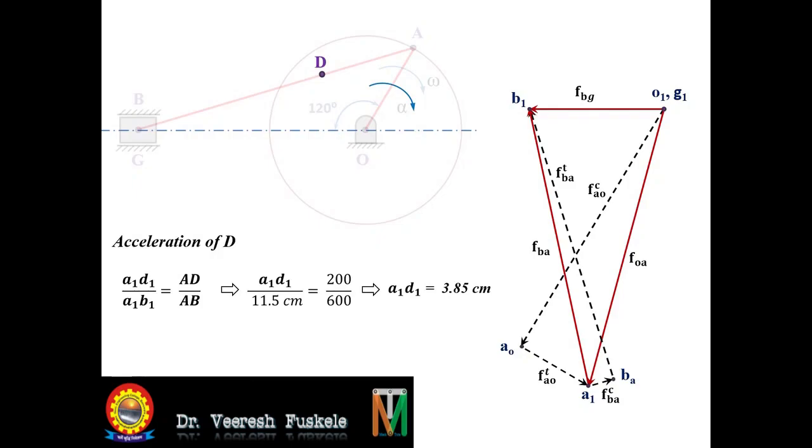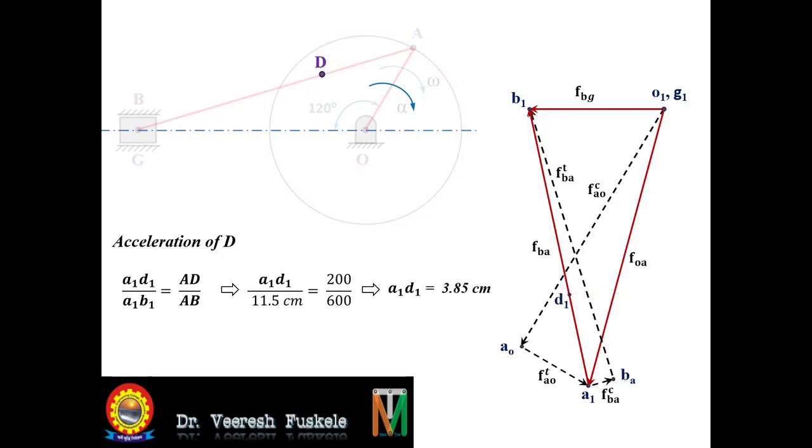To plot this, we measure the length 3.85 centimeter on the compass and mark a point on the vector A1B1, so we get the point D1.